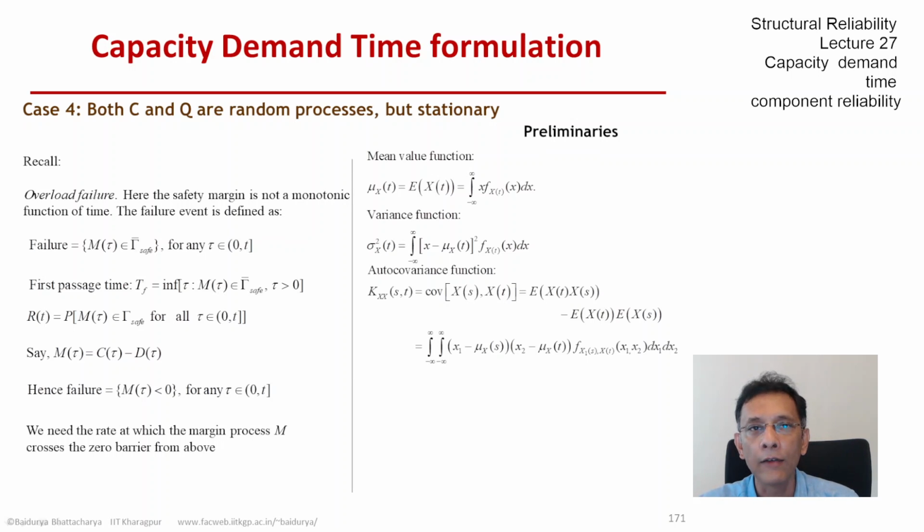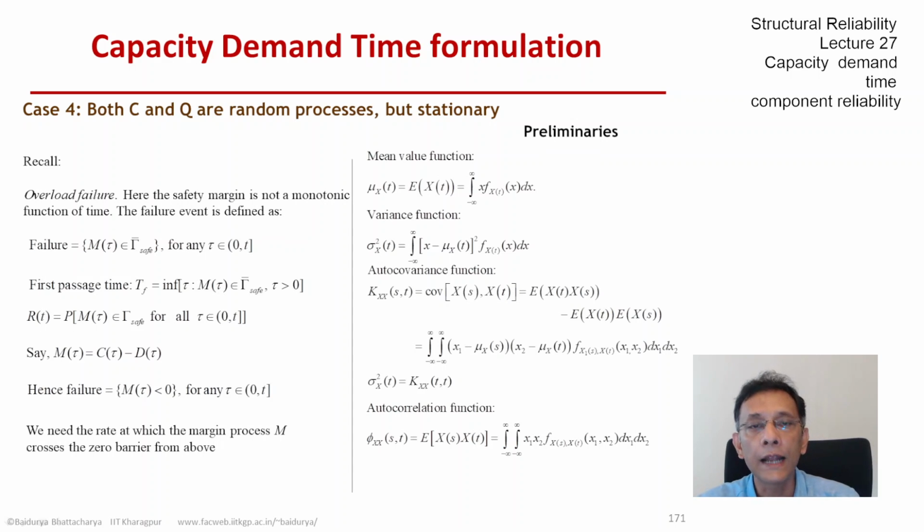If we have fixed values of s and t, I would have xs and xt as two random variables. So I could find the covariance of that, and if I knew the joint density function of x of t and x of s, I would be able to compute it. So that would be the autocovariance function. In particular, if s is equal to t, then the autocovariance function boils down to the variance function.